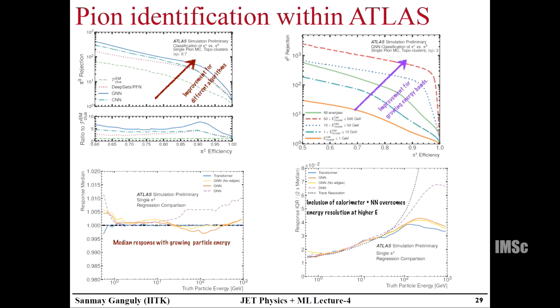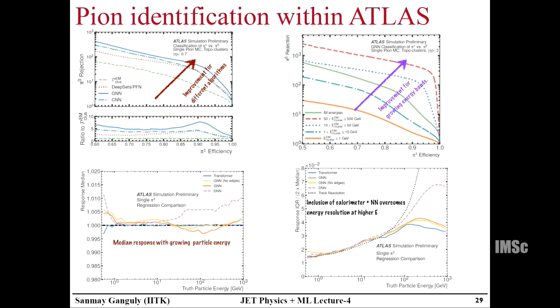This plot tells you that when you are just using a tracker to identify a charged particle, as the particle momentum increases, the tracker resolution becomes very poor, and hence you can't use just the tracker information to reconstruct the particle. The non-ML method fails. That's this dashed black line.